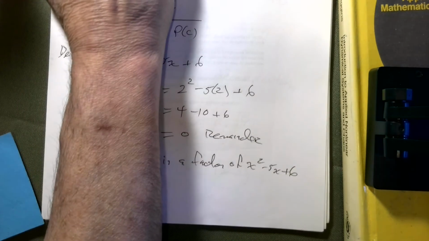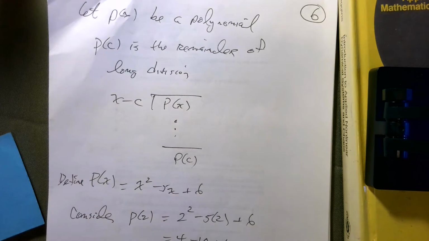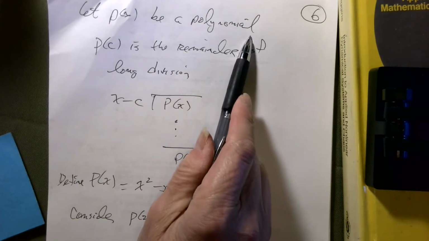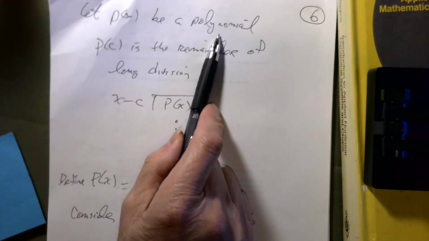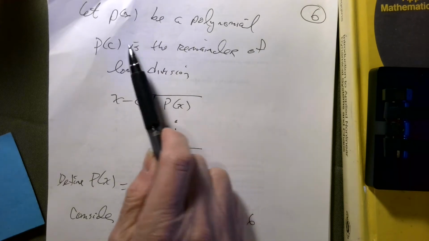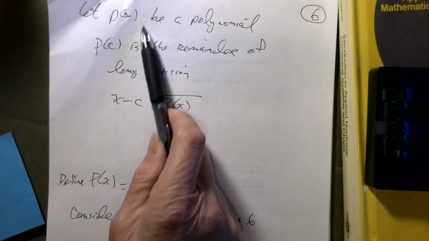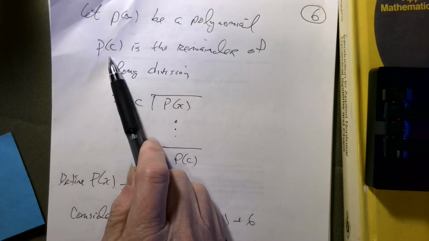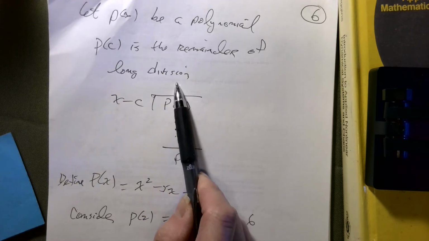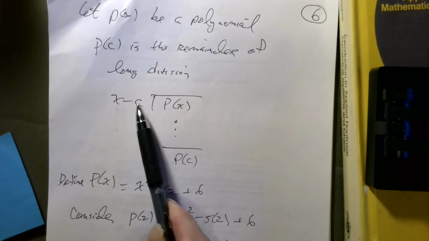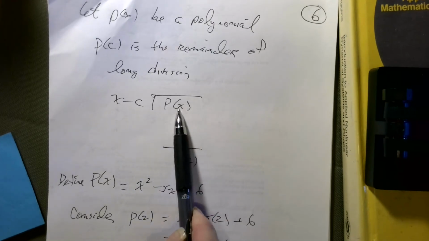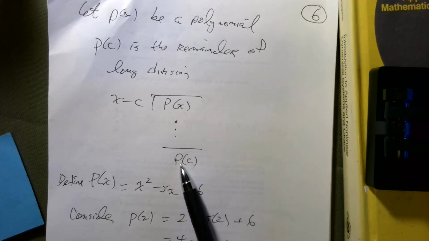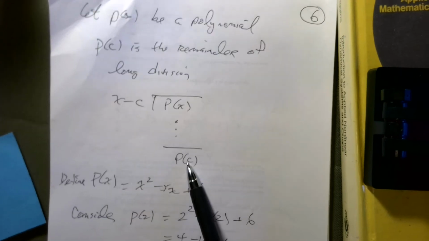A fundamental theorem of algebra says if p is just an arbitrary real-valued polynomial, then evaluating p at some constant is the remainder of the long division. In other words, if I take x minus that number and I divide it into this, the remainder is p of c.